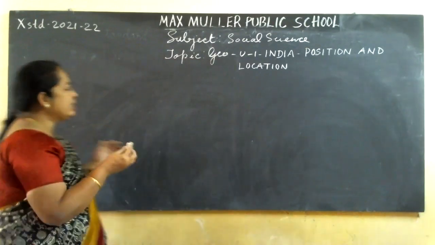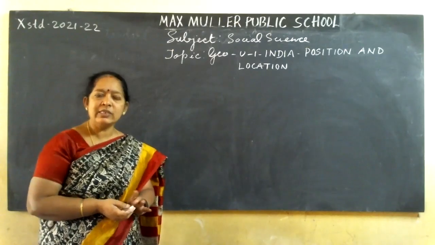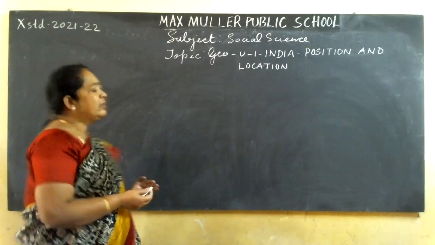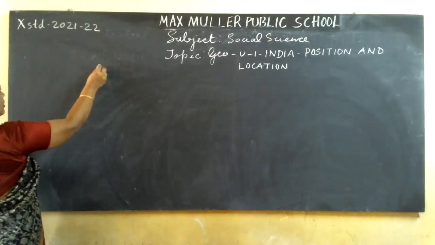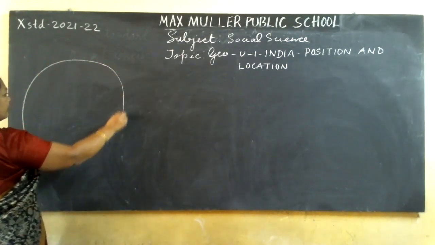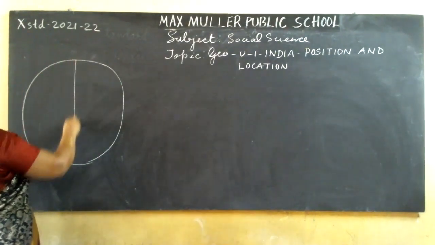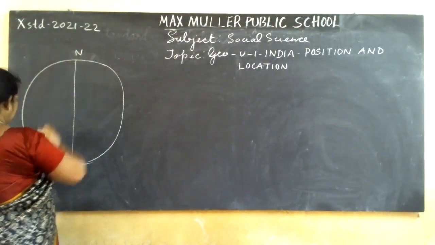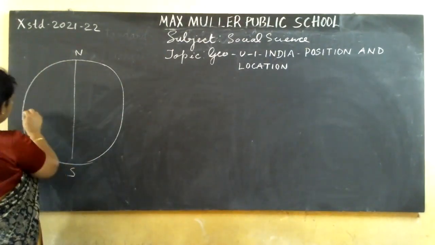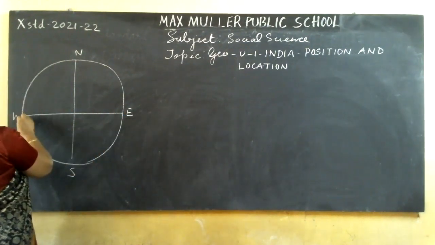So India is located in the northeastern hemisphere. That is above the equator. Okay, this is Earth, and north, south, east and west.